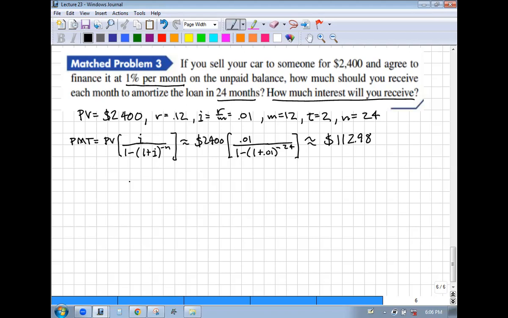All right. So the interest is the total paid. So that would be the payment times the number of payments, right? Minus the loan amount. That should be the interest. So let's see.